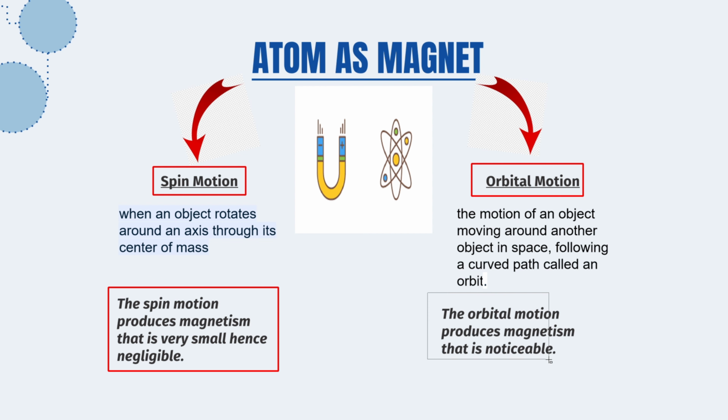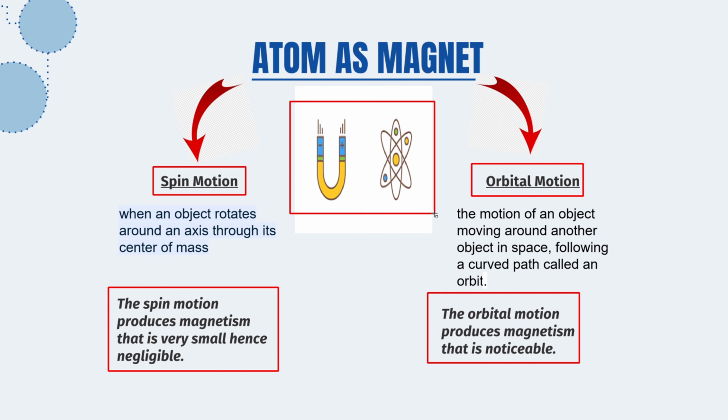On the other side, the orbital motion produces magnetism that is a little noticeable, and as a result we call an atom equivalent to a magnet only because of the orbital motion, because orbital motion causes the magnetism that is noticeable, while the spin motion causes the magnetism that is negligible.